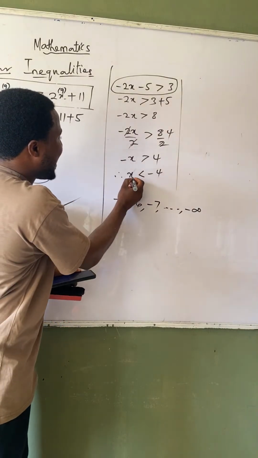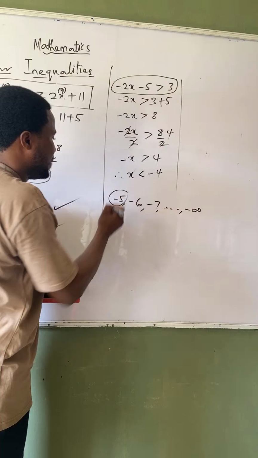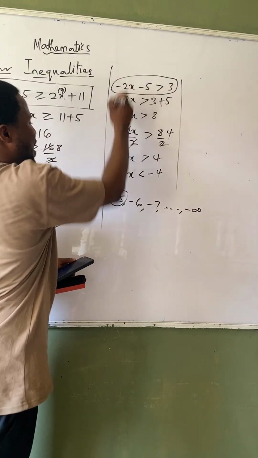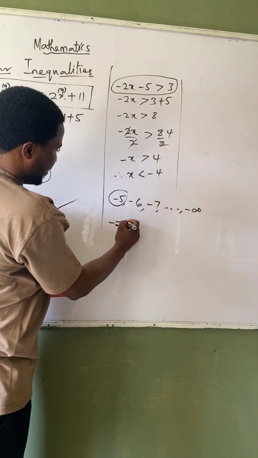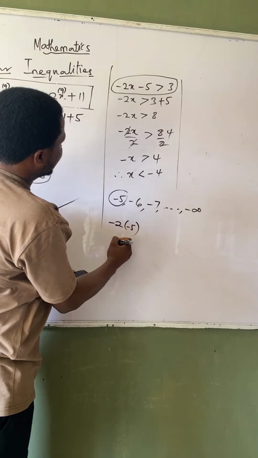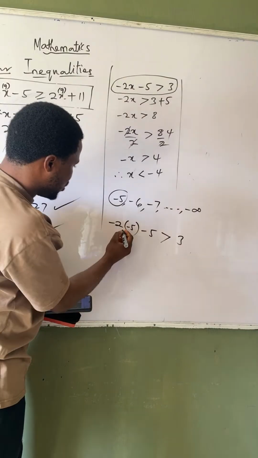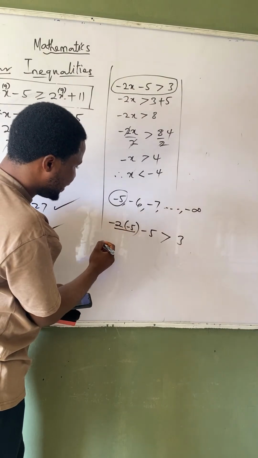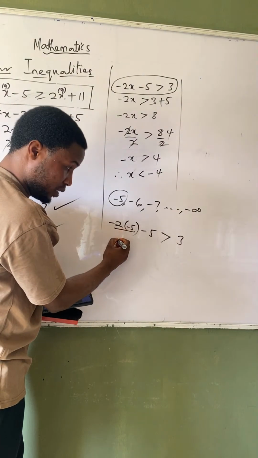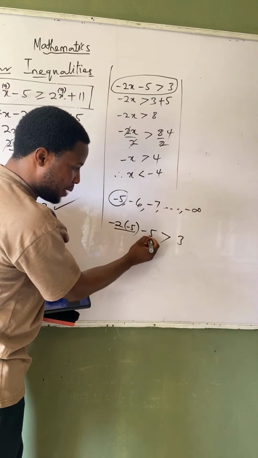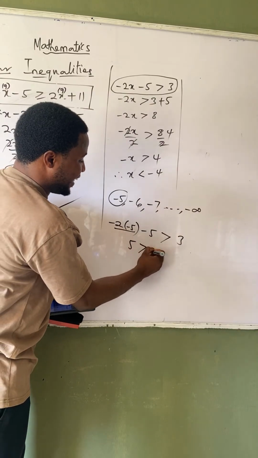Okay, now we said that s is less than -4, so let's use -5 for instance. So if I put -5 there, is it greater than 3? Let's check. So what is this? 10, right? -2 times -5 is positive 10. Then 10 minus 5 is 5. Is 5 greater than 3?